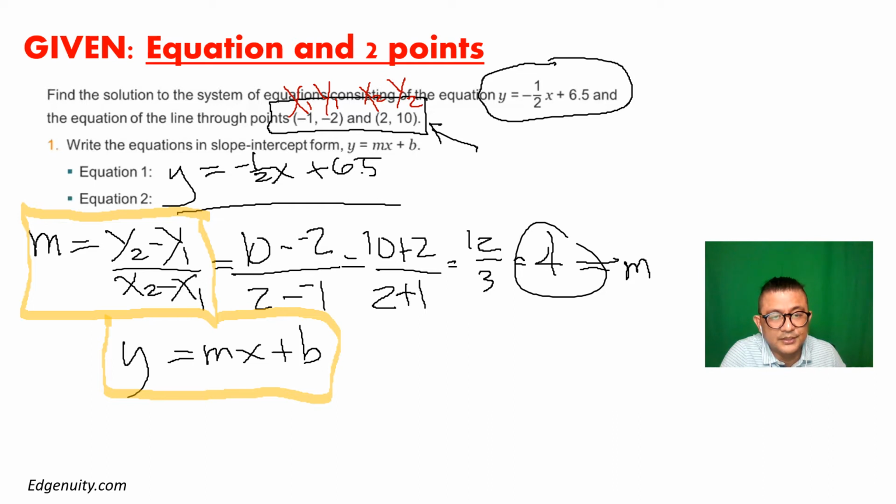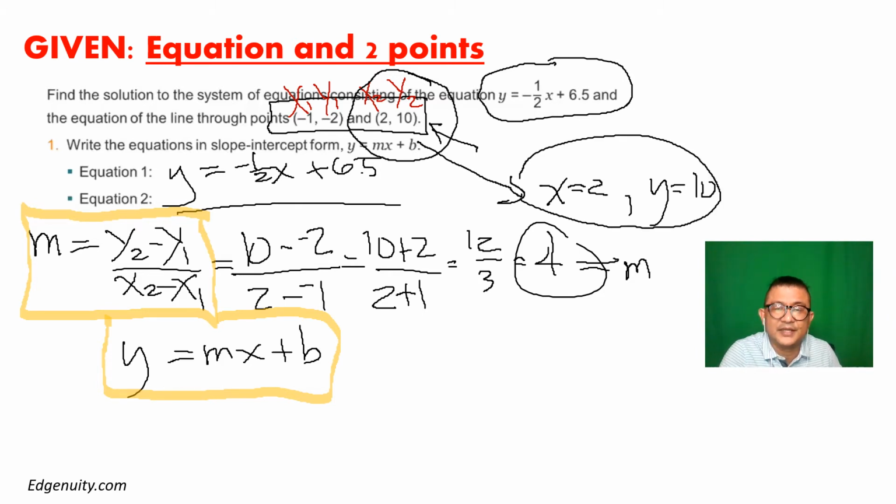You could get the x and the y from one of the points. I could use the first point, or I could use this one. I want to use this, so my x will be 2 and my y will be 10. I'm going to use that for my second formula.